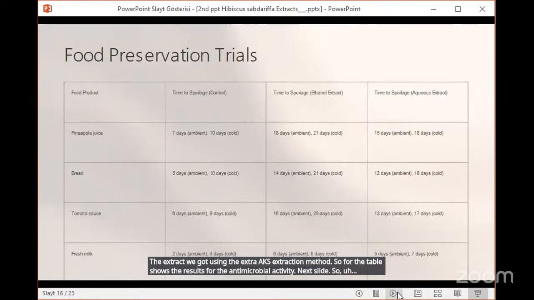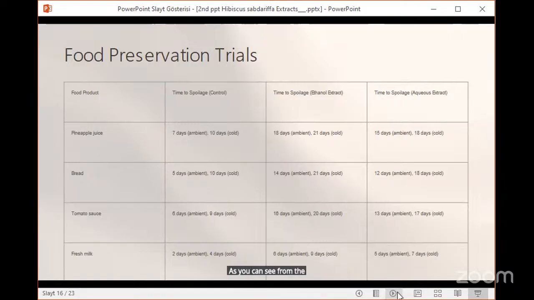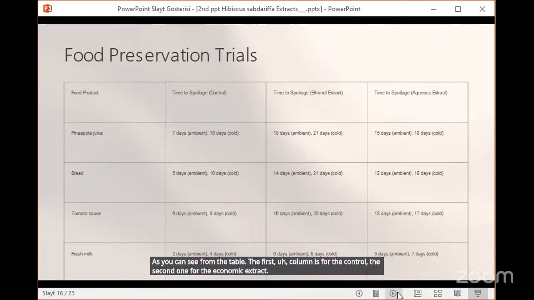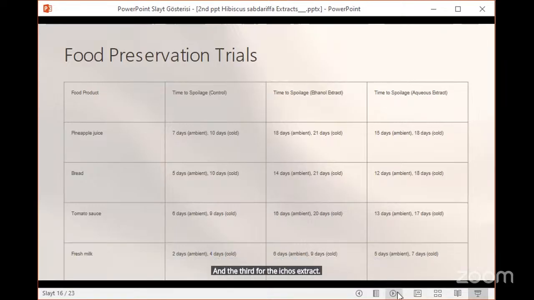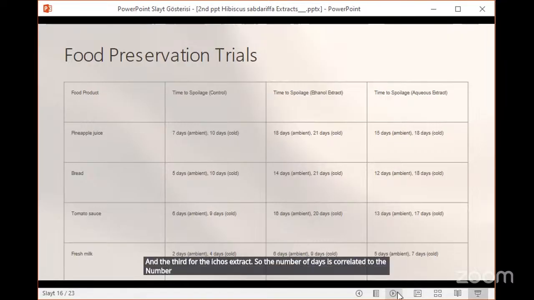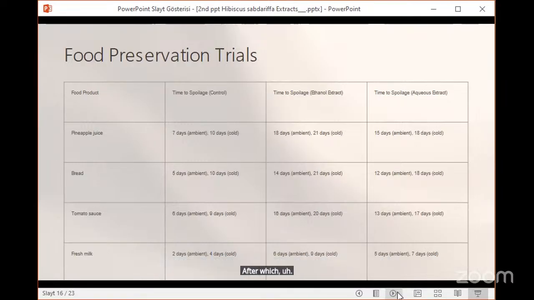So this is the table for the food preservation trials. As you can see from the table, the first column is for the control, the second one for the ethanolic extract, and the third for the aqueous extract. So the number of days is correlated to the time frame after which it started to spoil.